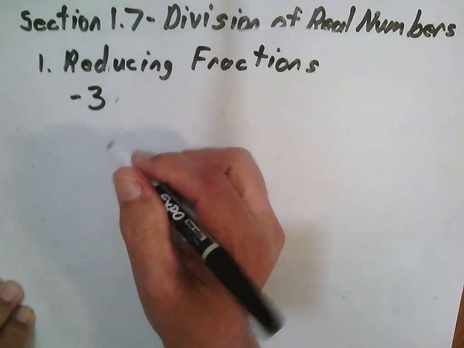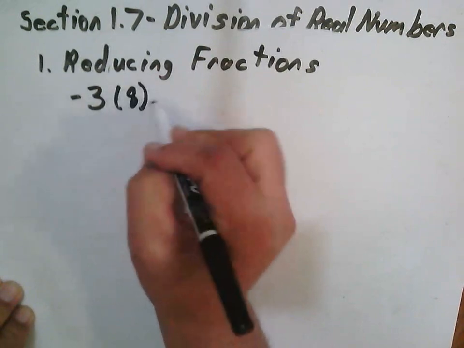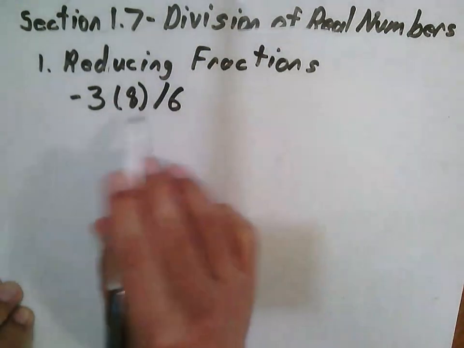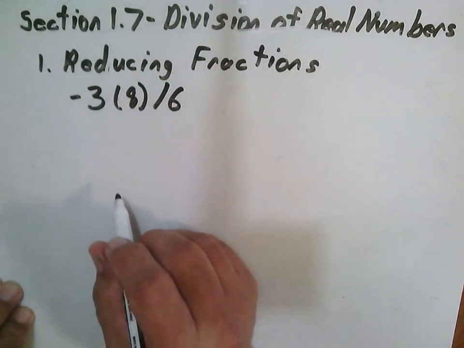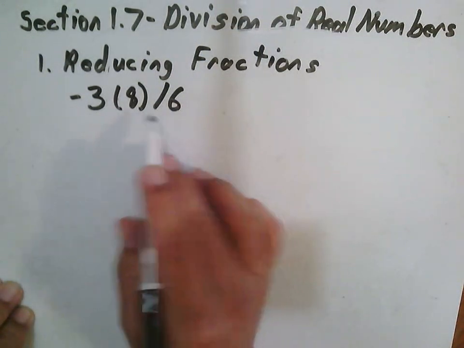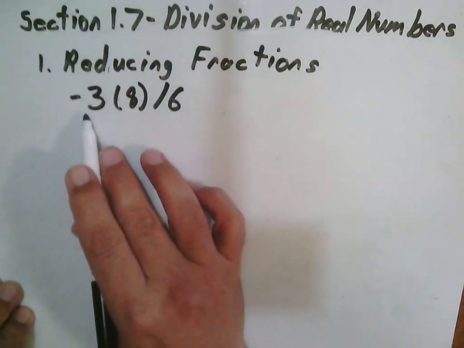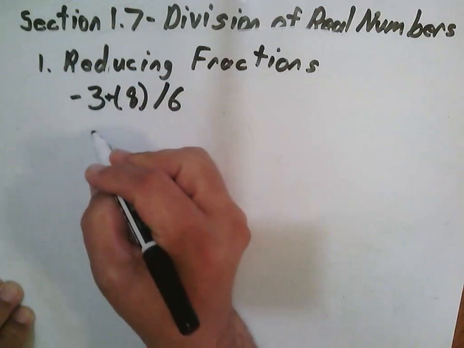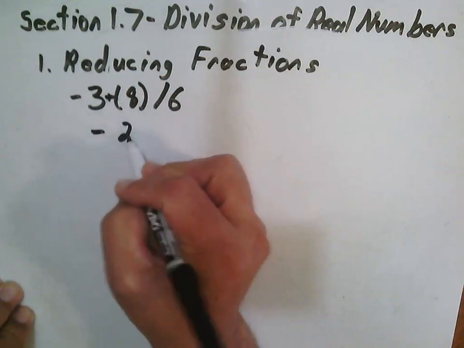So in other words, -3 times 8, and all of that is going to be divided by 6. Technically, this is a fraction. But when we work this out, we're still going to follow PEMDAS. We're going to work left to right. So this is going to become -3 times 8. And remember, a negative times a positive is going to give me a negative. So 3 times 8 is 24.